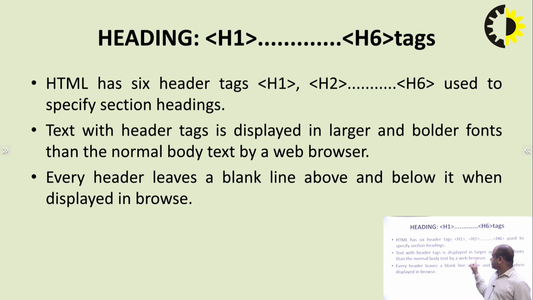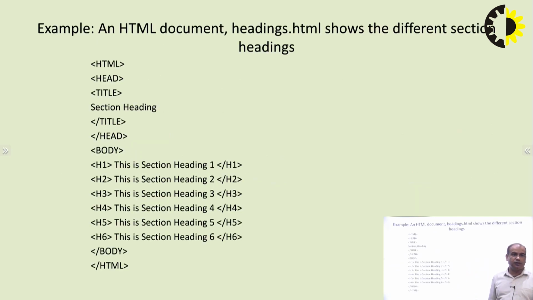Text with a header tag is displayed larger and in a bolder face than normal text by the web browser, as we see in the headings in our books also. Every header leaves a blank line above and below when it is displayed in the browser.